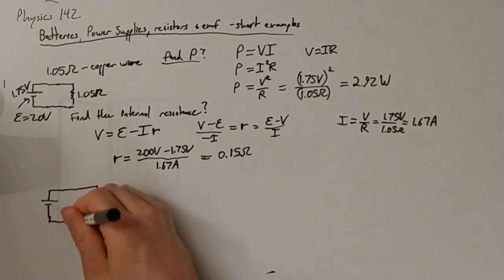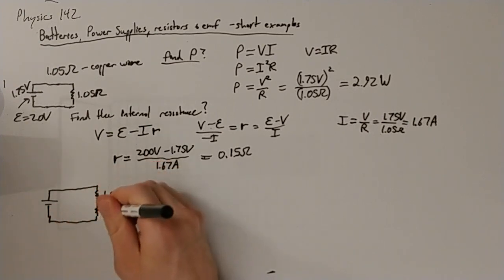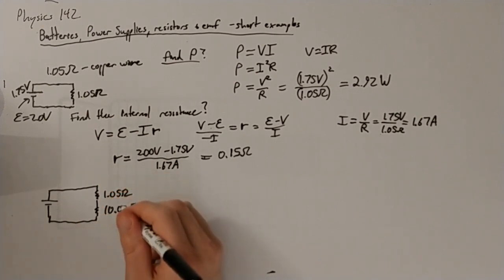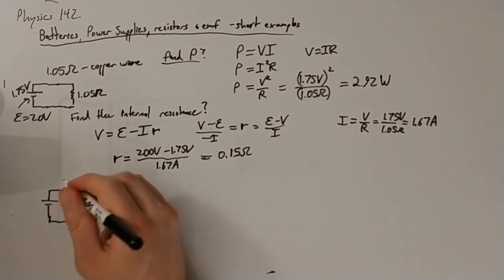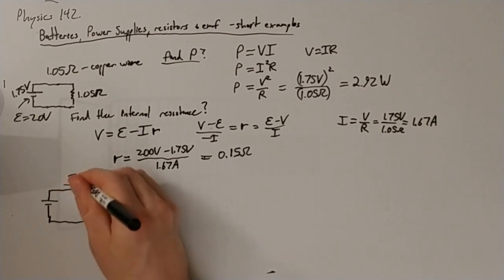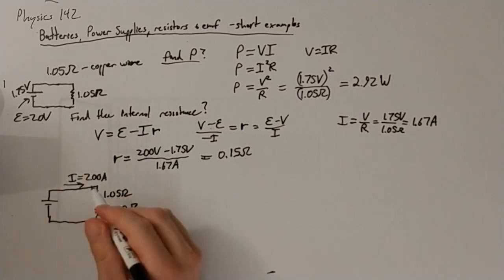We've got the resistance in the wire. That was 1.05 ohms. And now I want to add a 10.00 ohm resistor to this wire, and let's say that I wanted to maintain a current of 2 amps. So this is another example here.